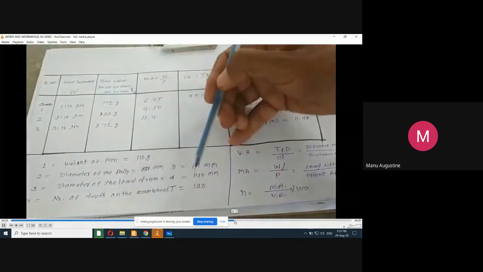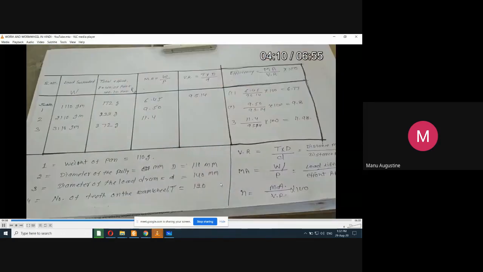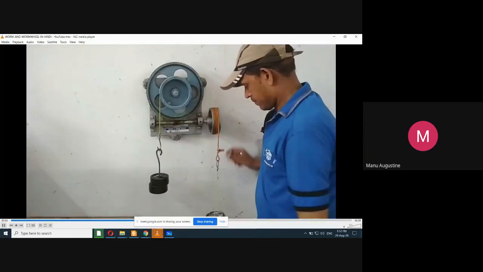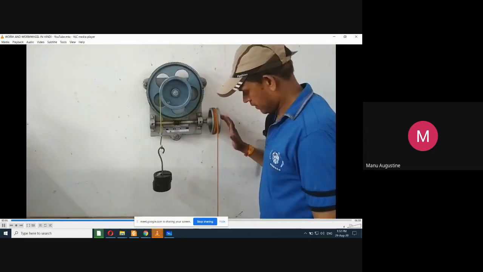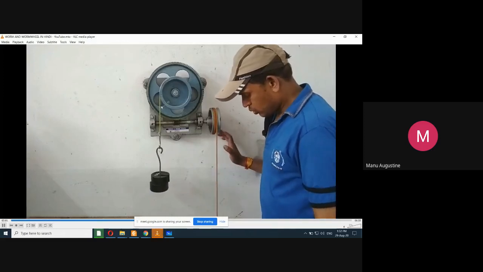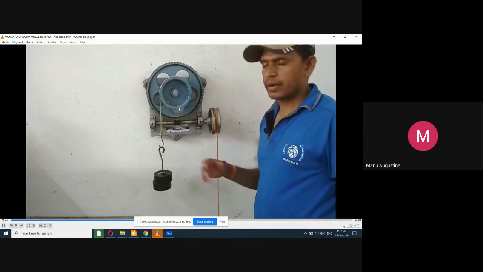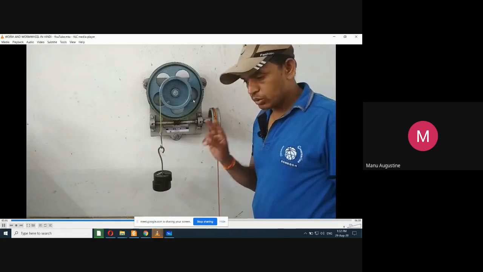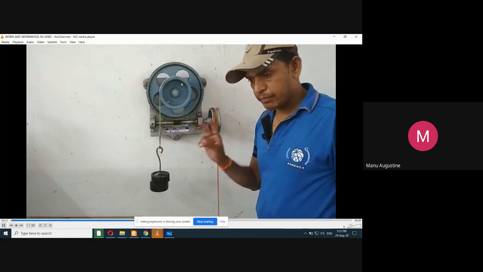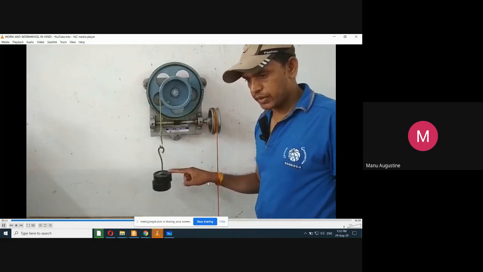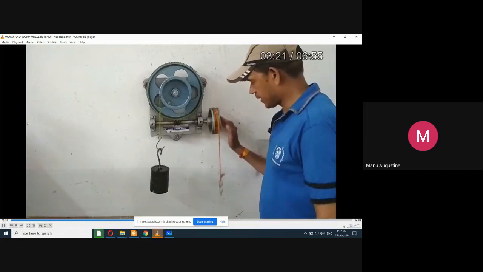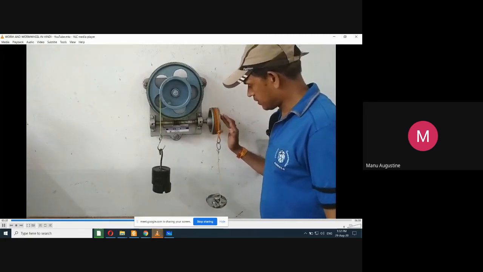See how slowly this whole arrangement is moving. When the gear rotates, the pulley also rotates along with it at the same RPM. This is the arrangement.